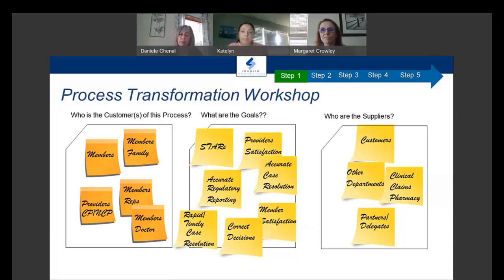But there are other suppliers to this process: your other departments, the clinical department for clinical decisions, the claims department for input on the claims or to adjudicate a claim, the pharmacy department, and your partners and delegates that may handle decisions or claims for your organization. There are all other types of suppliers. That's the first step, and we usually spend maybe an hour on this part of the activity.